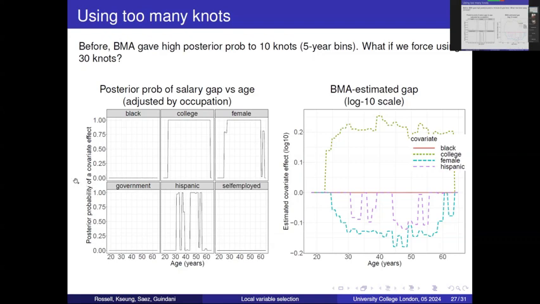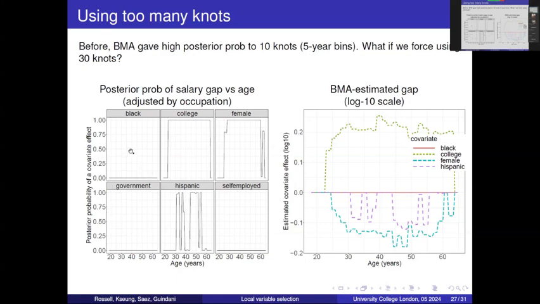I've been claiming throughout that this can cause a loss of power, and here you can see it clearly. For college education, we still find evidence for an effect most of the time. For gender, we're starting to lose some power. For government and self-employed, we get the same picture as before.